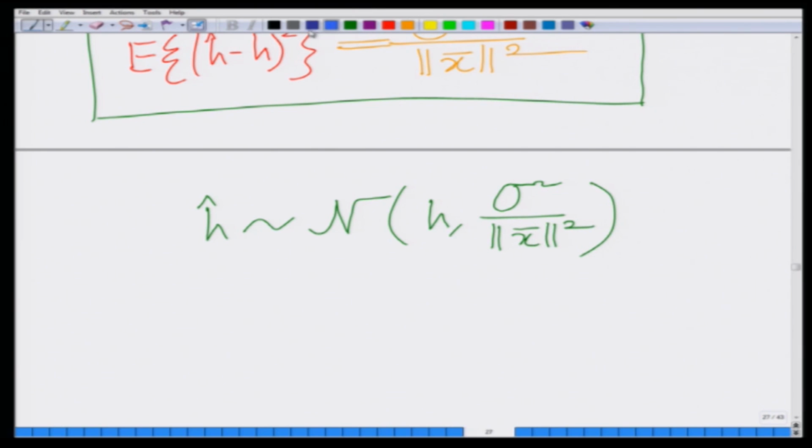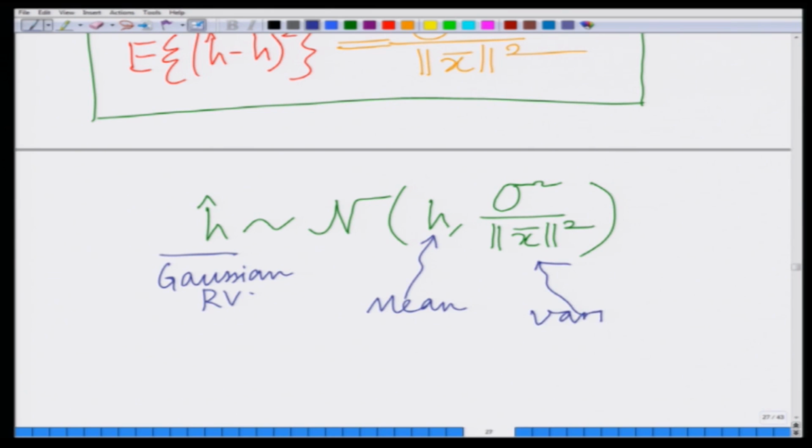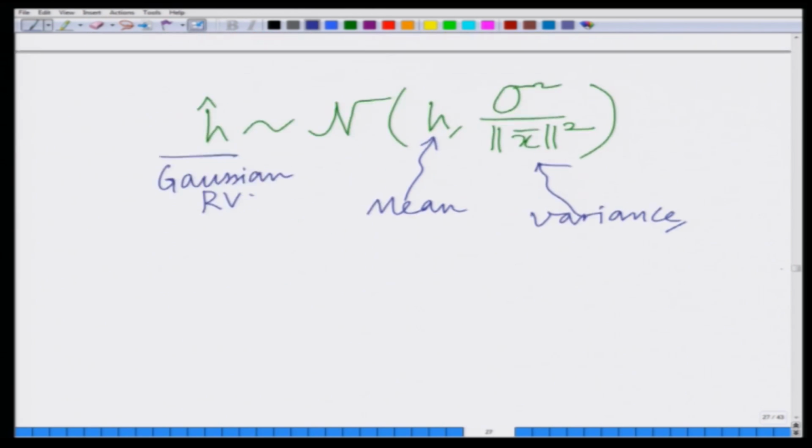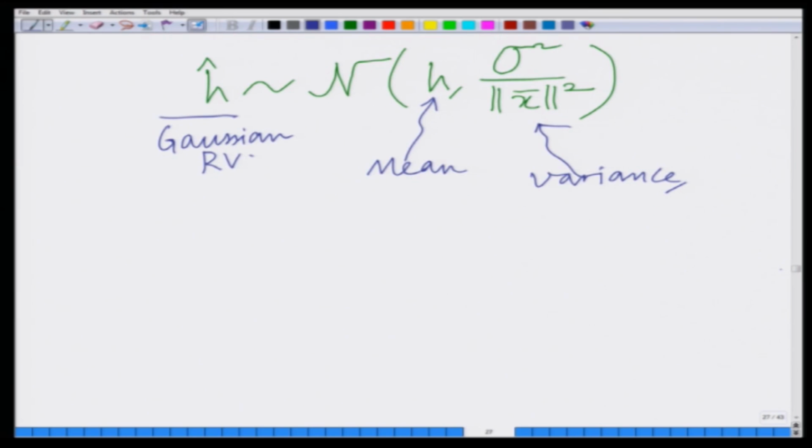So, it follows that H hat is a Gaussian random variable with this mean and variance. H hat has a mean of H, which is the true unknown channel coefficient, and the variance is sigma square divided by norm x bar square.